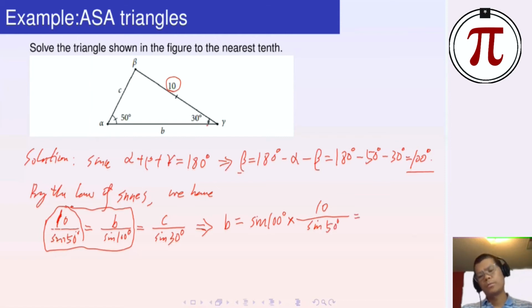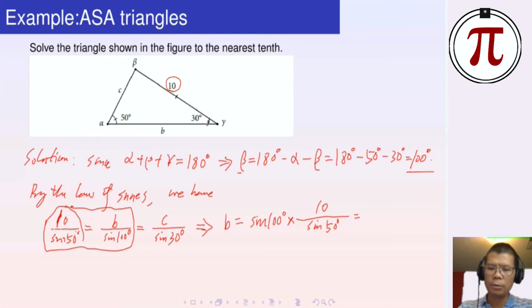Now the calculator: sine of 100 degrees, close the parenthesis, times 10 over sine 50 degrees. What did you get? 12.8557 or 558. Yes, very good.